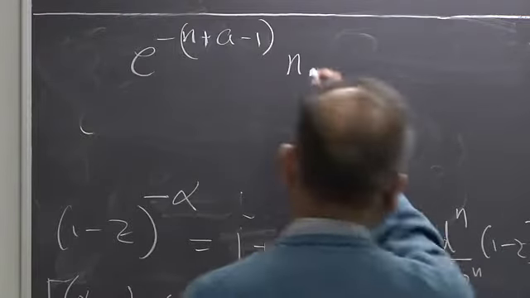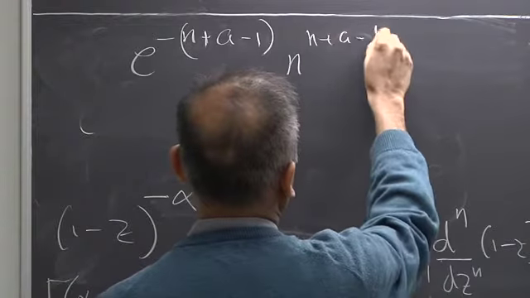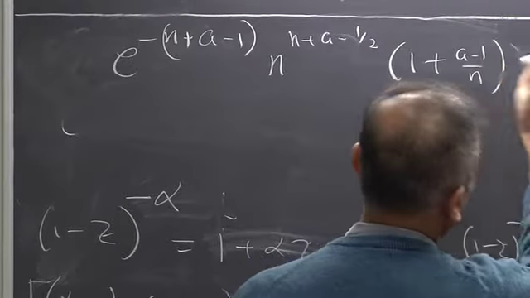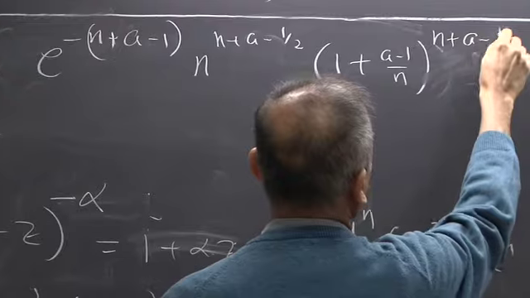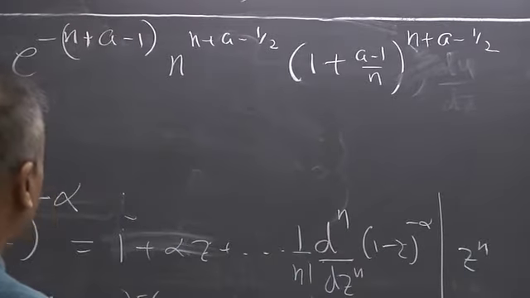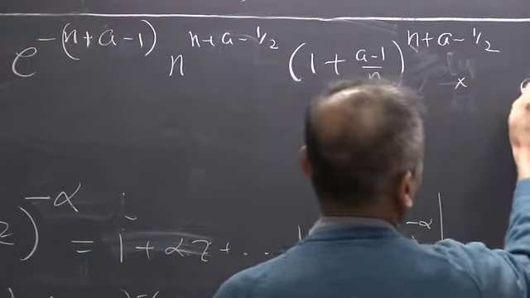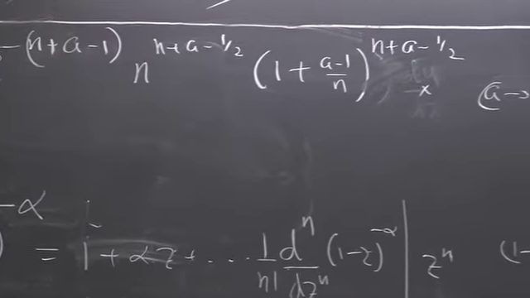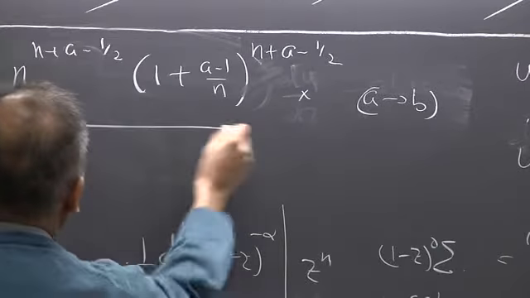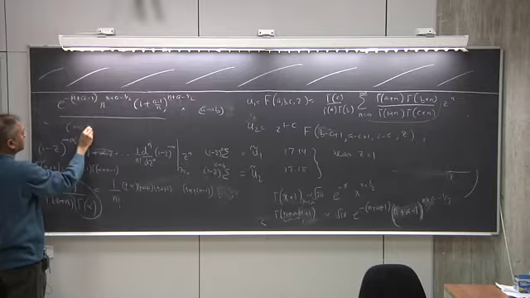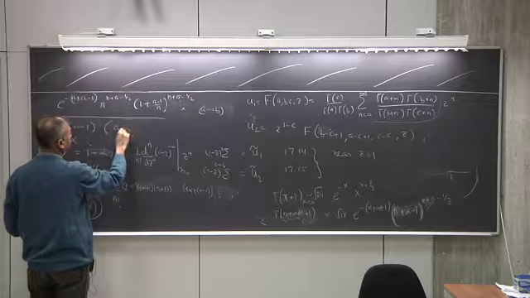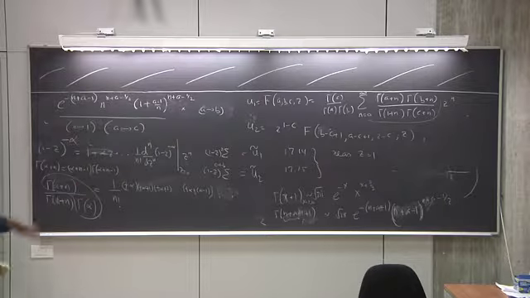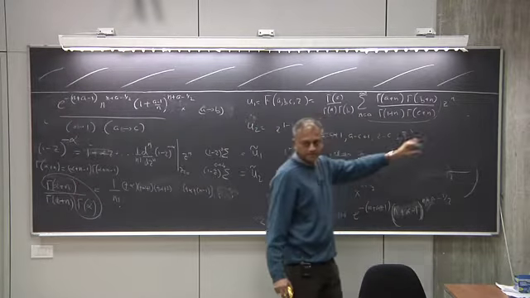So you get n to the power of n plus a minus half, and then 1 plus a minus 1 over n to the power of n plus a minus half. That's one, times the same thing with a replaced by b, and then divided by the same thing with a replaced by 1, and then multiplied by the same thing with a replaced by c. So this is the ratio. There's no overall factor in front, but let me just focus on this inside.